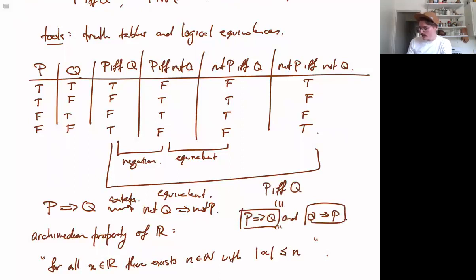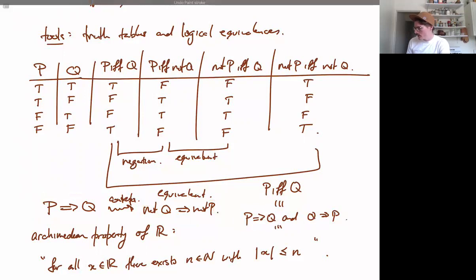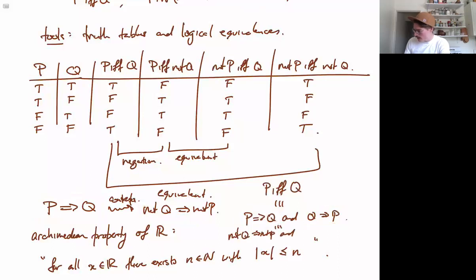Because contrapositives are equivalent, these two things are equivalent, then you can substitute them in propositions to get equivalent propositions. And what you will get is not Q implies not P, and not P implies not Q.